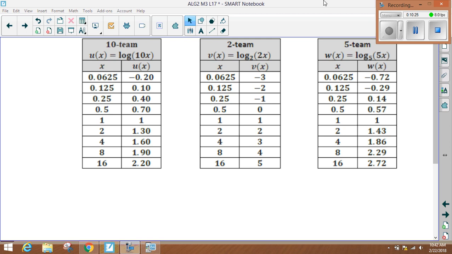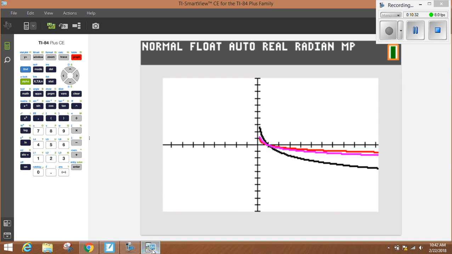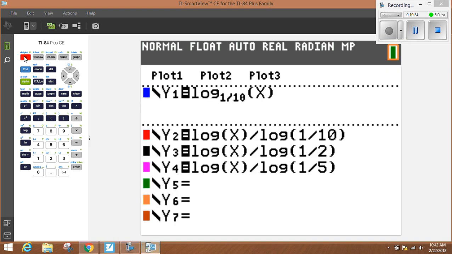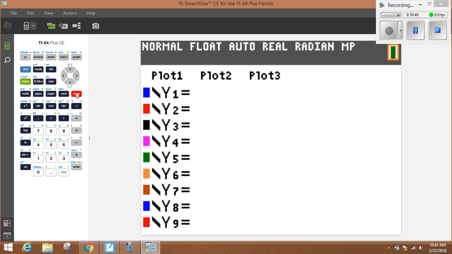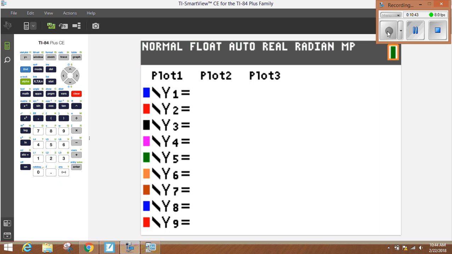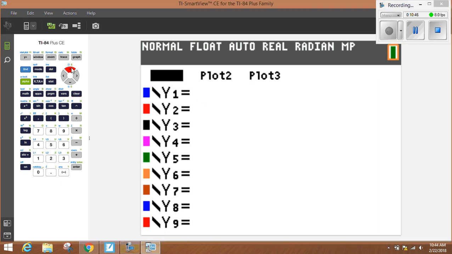All right, let's graph these things. Again, we're going to use our handy-dandy graphing calculator. So on your next page, you have so we're going to look at them and figure out what in the world is going on with these. So the first one we have is log base 10 of 10x.